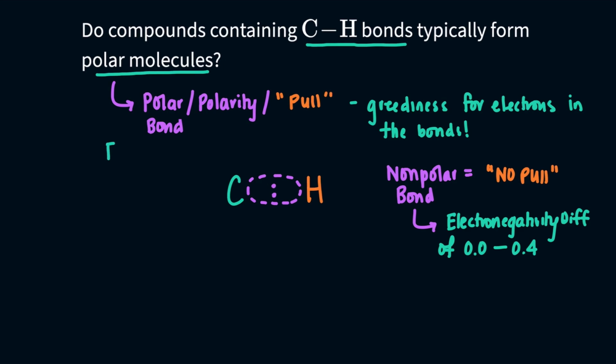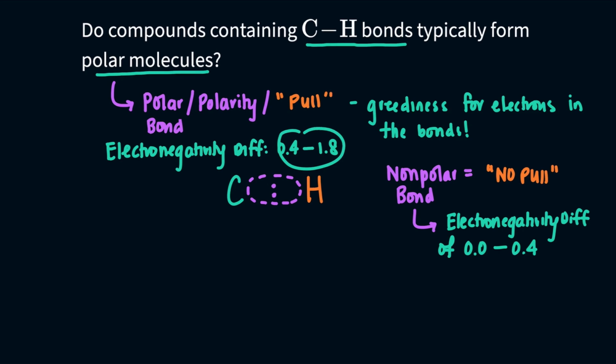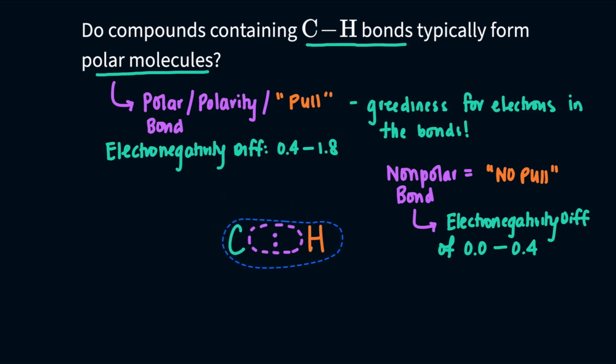If you have a polar bond, you have an electronegativity difference from 0.4 up until 1.8. So you have some leeway here. But as you see, the higher the number you go, the more pull you have. So we could look at the electronegativities on periodic tables.